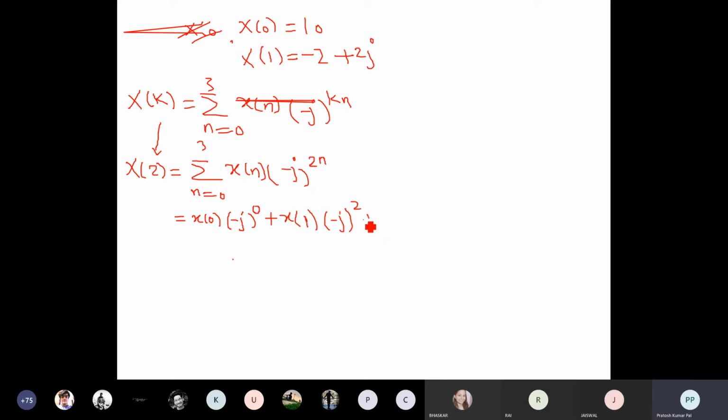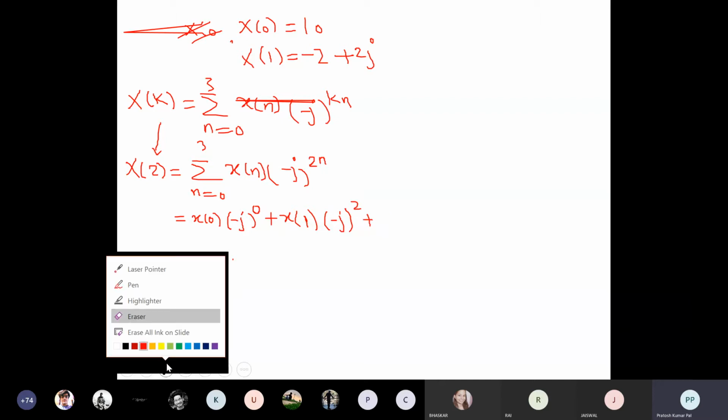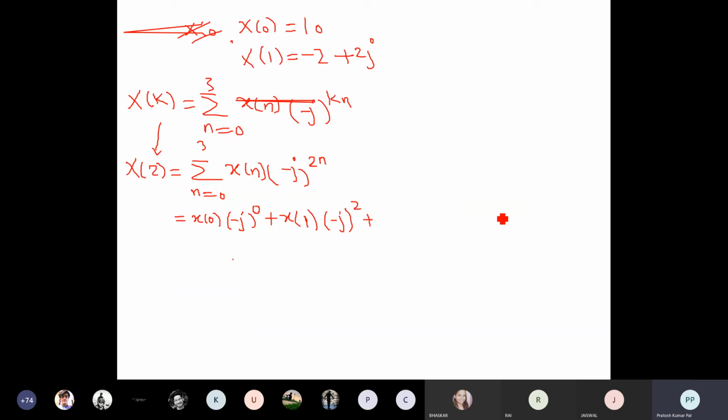Next will be x of 2 times minus j to the power 2 into 2, that will be 4, because 2 into 2 will be 4, plus x of 3 times minus j to the power 2 into 3, that will be 6.